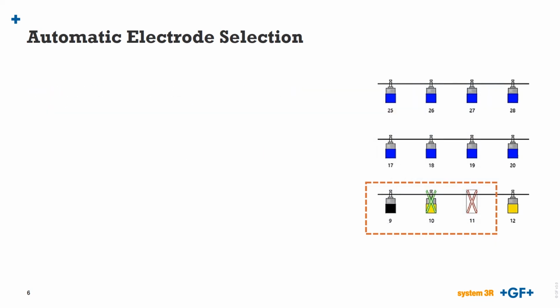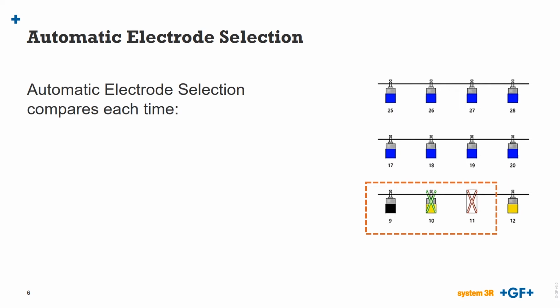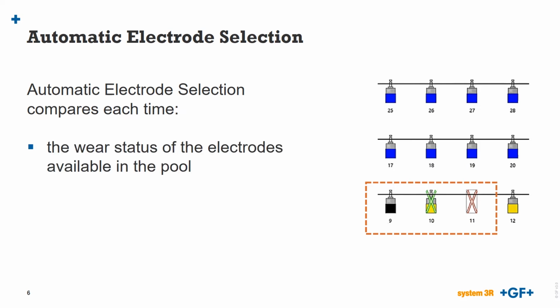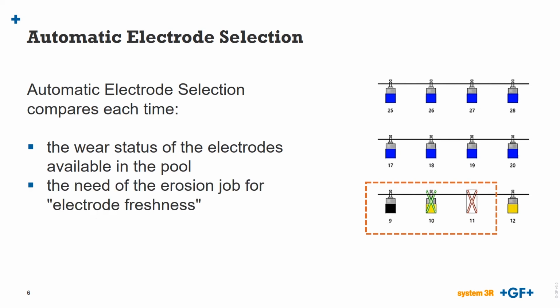How can automatic electrode selection choose the proper electrode? It is enough to set in Workcenter that for the part type A we need the electrode type A and to specify the electrode wear rate to the automatic electrode selection wizard. Knowing this, automatic electrode selection compares the calculated wear of the electrodes available in the pool with the need of the erosion job for electrode freshness.